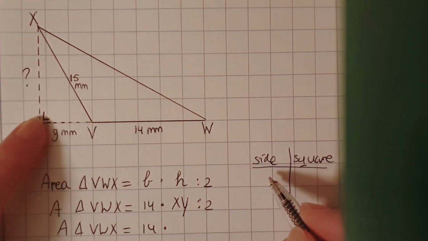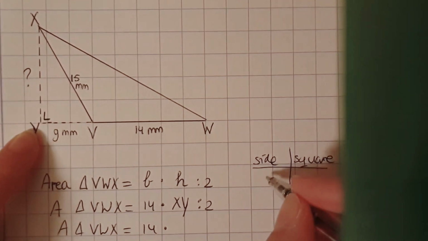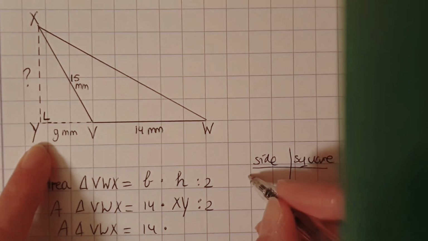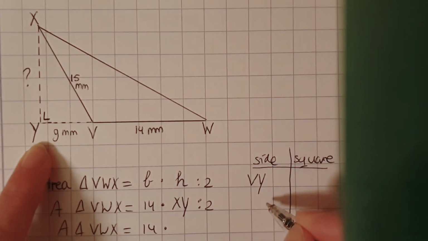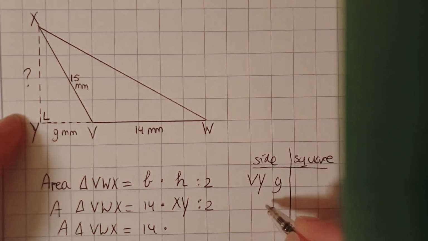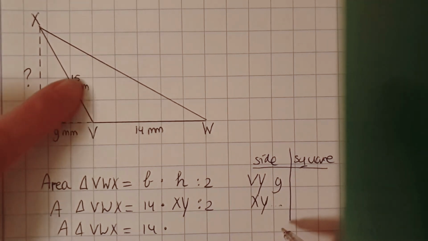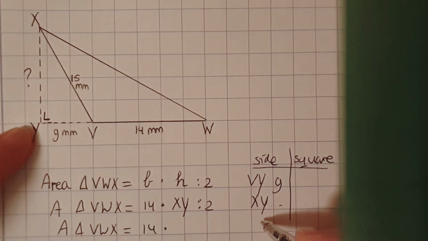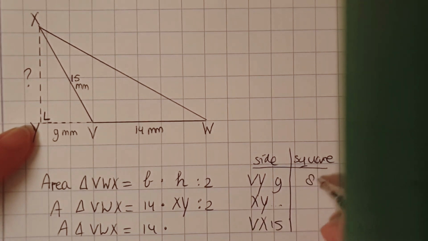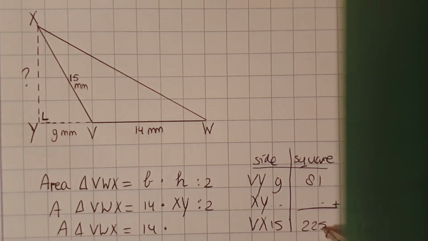The 90-degree sign. Which two sides are connected to the 90-degree sign? That's VY, which is 9, and XY, which is, I don't know. The opposite, the hypotenuse, is VX, which is 15. Now, 9 squared is 81. I don't know this one. And 15 squared is 225. 81 plus this is 225.